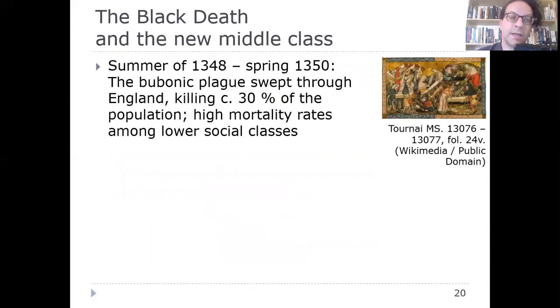Another thing that was going on, and that I really have to mention here, is the Black Death. This occurred around the year 1350, so it started in the summer of 1348. The bubonic plague swept through England, killing off around 30% of the population, with mortality rates being highest among the lowest social classes.